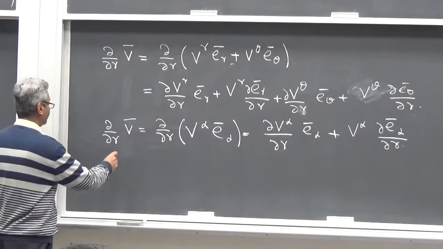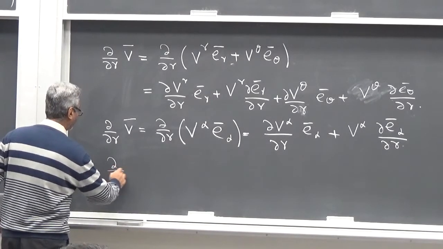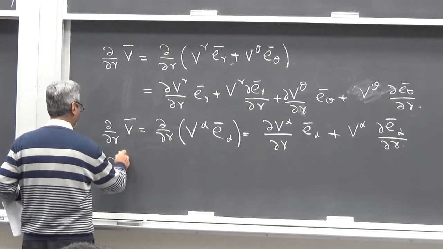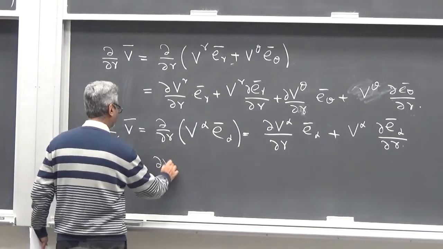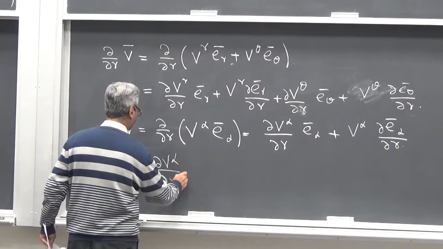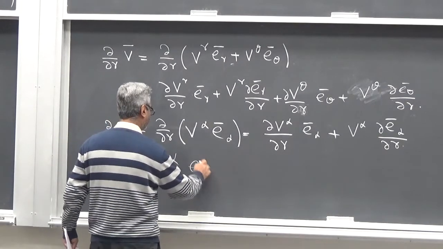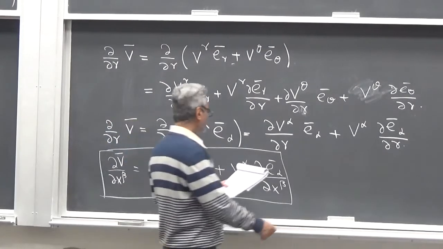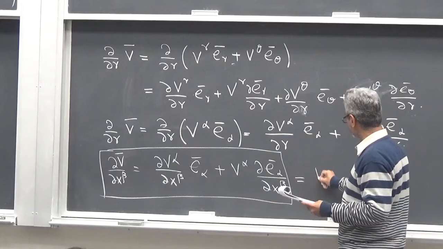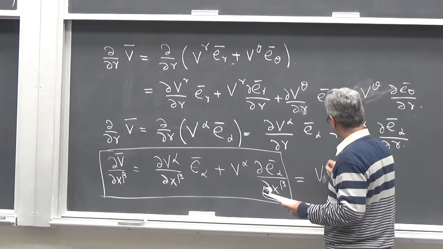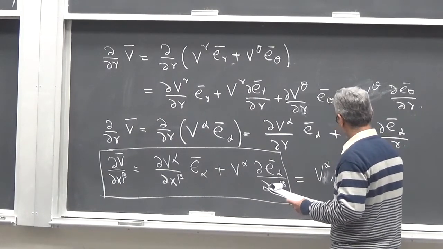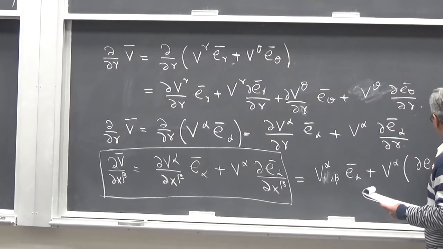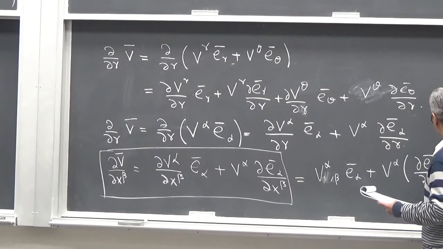But if you want to completely generalize, you could write partial by partial x^beta of v, which is partial v^alpha over partial x^beta, e_alpha, plus v^alpha partial e_alpha over partial x^beta. Another notation you are used to is the comma notation.